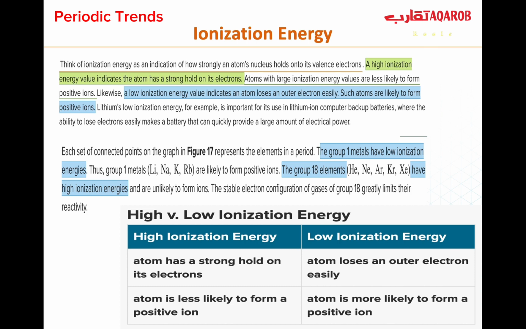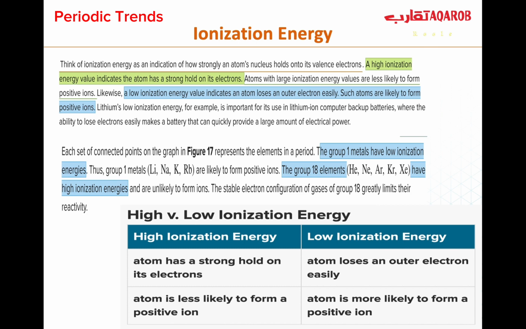Each set of connected points on the graph in figure 17 represents the elements in a period. The group 1 metals have low ionization energy, thus group 1 metals Li, Na, K are likely to form positive ions. Group 18 elements like He, Ne, Ar, Kr, Xe have high ionization energy. They are unlikely to form ions.